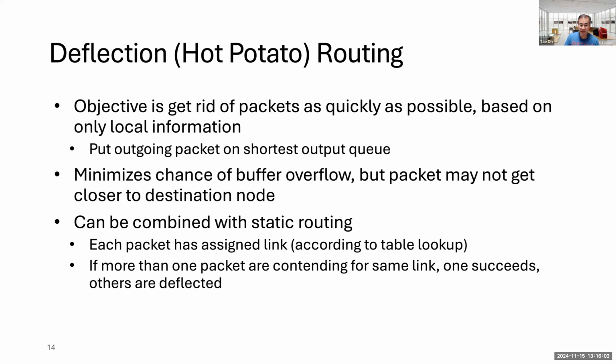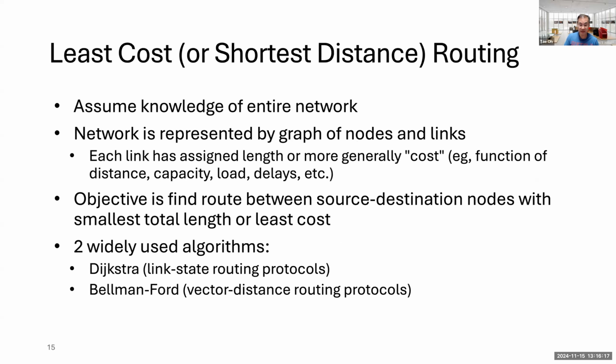With hot potato, you get rid of the packet as quickly as possible: once it receives it, it sends it out to any link. So that's a hot potato. Once you have a hot potato, you don't want to keep it, right? It's too hot, you just send it out. Okay. So another routing is least cost routing, or shortest distance routing.